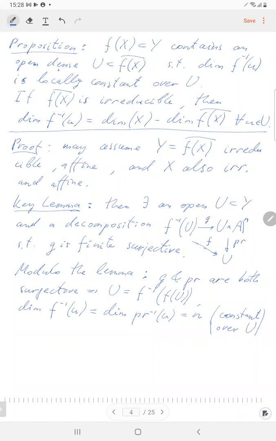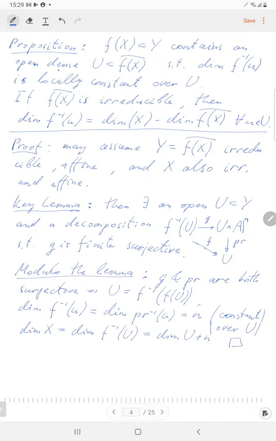Okay, and finally, the dimension of X is the dimension of the pre-image of U, because it was open. So it is the dimension of U plus n, and there we are. So the proposition is proved, modulo the lemma, and we only have to prove this lemma.